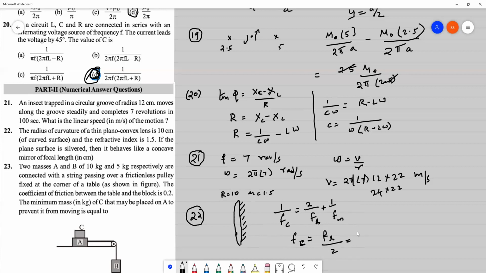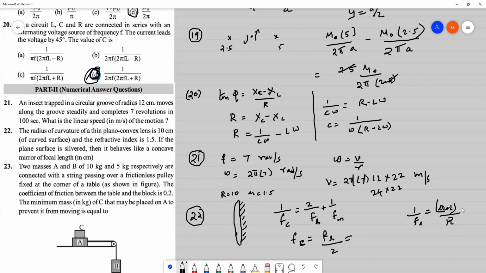We know that the Fl for a planar convex is mu minus 1 by R. I made a mistake here. 1 by Fl is mu minus 1 by R for a planar convex.